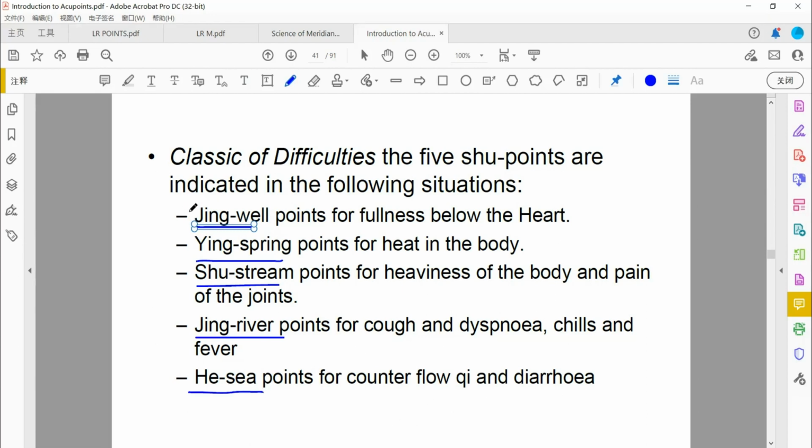Jing well points, like Liver 1, are good for fullness below the heart; not just Liver 1, any Jing well points.